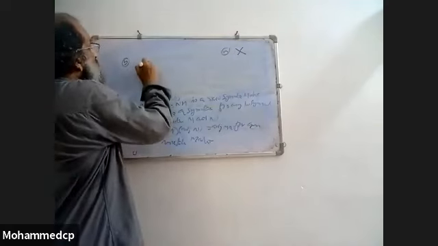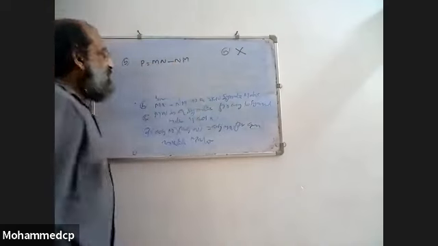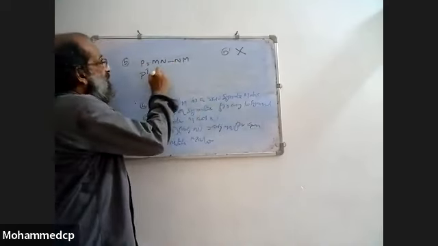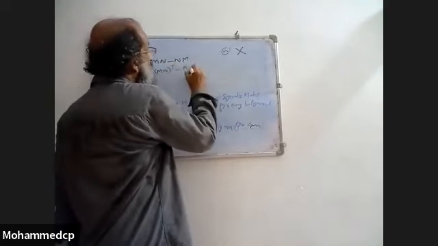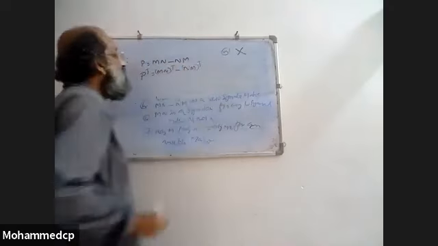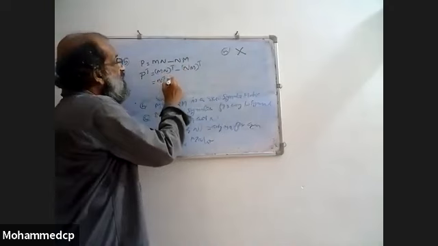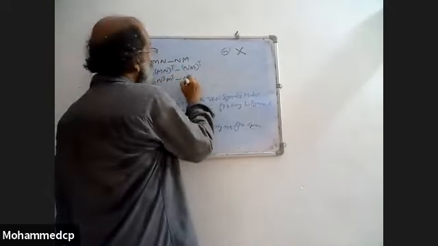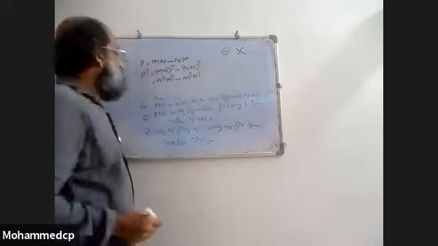In B, P is equal to Mn minus Nm. P transpose is equal to Mn transpose minus Nm transpose, equal to N transpose M transpose minus M transpose N transpose.